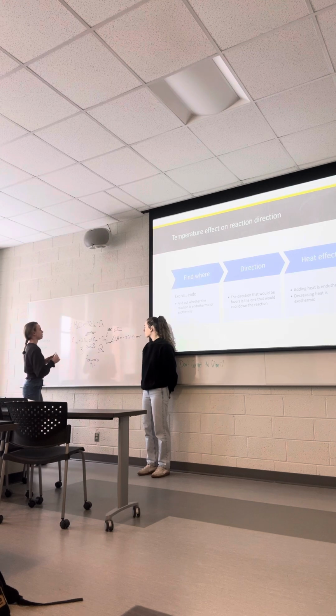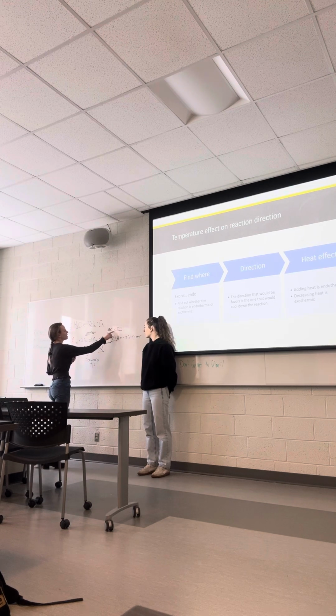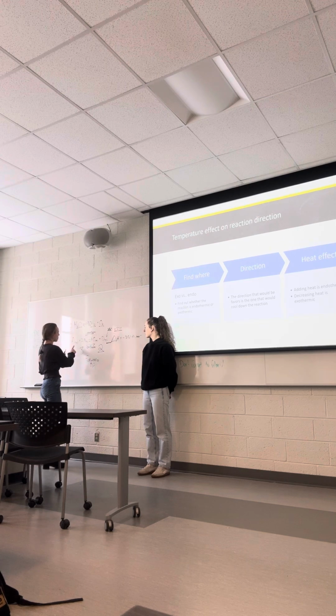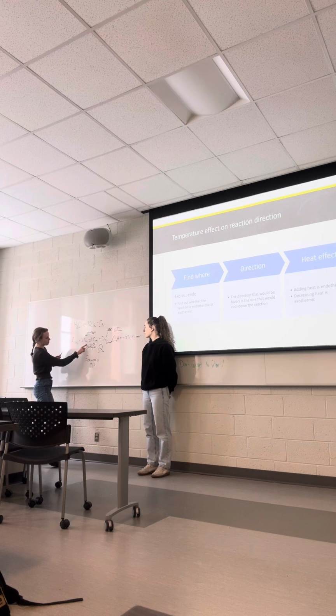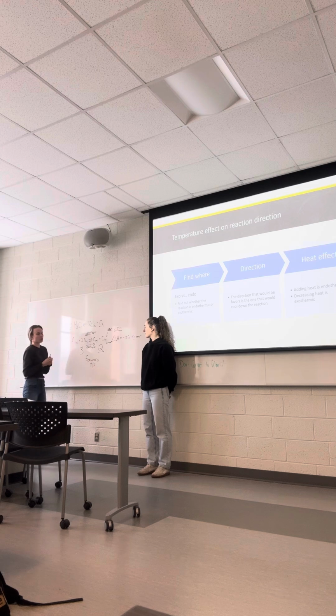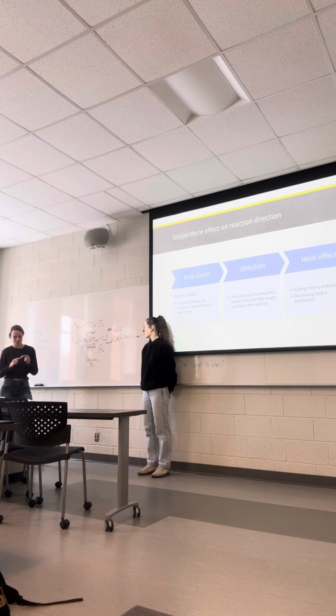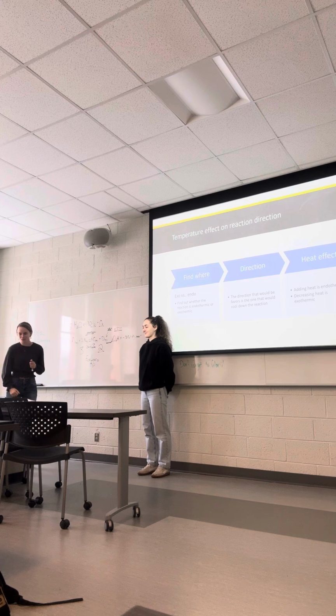Yeah, that's it. Okay, sorry. So since I added heat over here, which is in the exothermic direction, if we take it from this perspective, it makes it the endothermic direction when we want to make it equilibrium. I'm so sorry, I messed it up. It's okay. I was so confused.